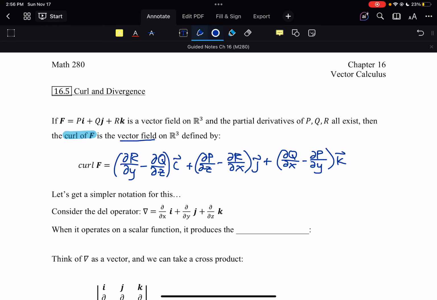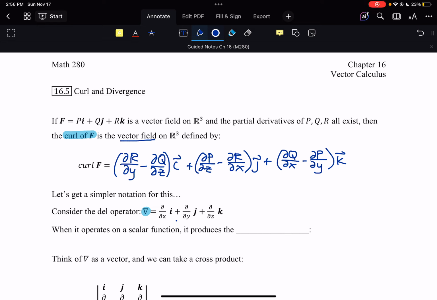Now, obviously, this is a formula that we don't want to have to memorize as is. We want to come up with a better way of remembering this and how to actually process this ourselves. So we're going to get a simpler notation. Consider the del operator, which we saw back in a couple of the previous chapters involving the gradient.